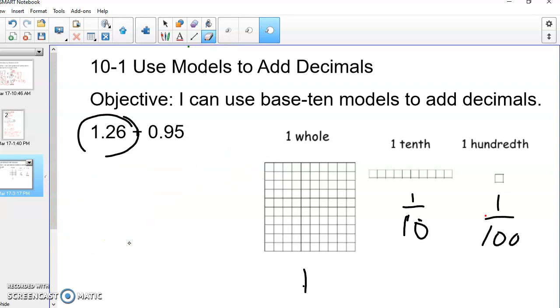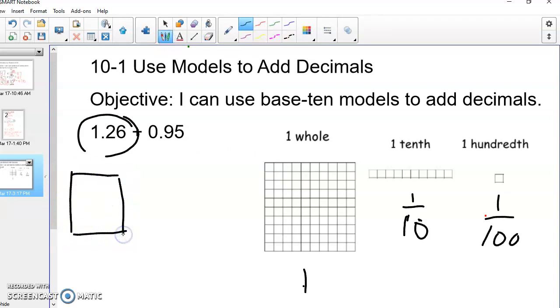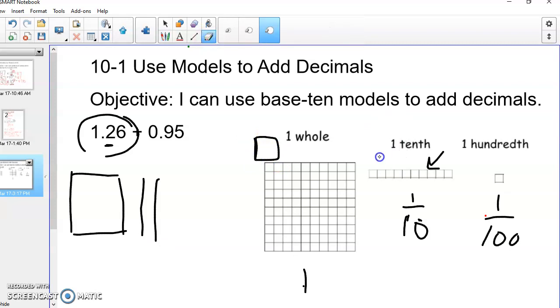Okay, so I'm going to represent 1 whole, and then how many tenths do we have? We have 2 tenths, and instead of drawing 10 individual boxes, I'm going to draw them like a line. And then 1/100th I'm just going to draw as a dot. So we have 2 tenths and 6/100ths.